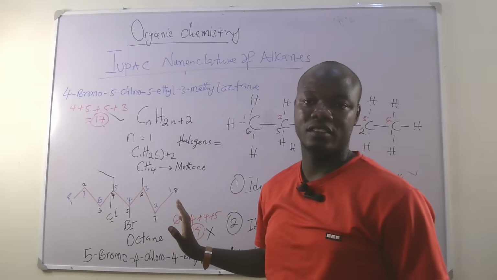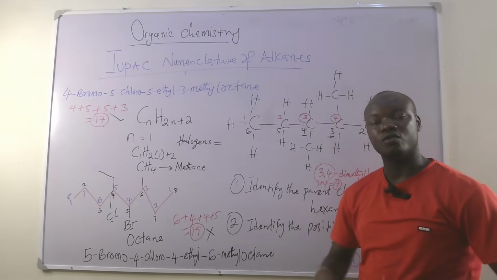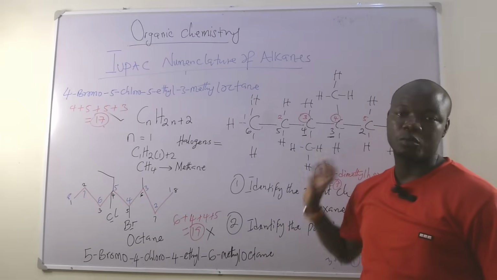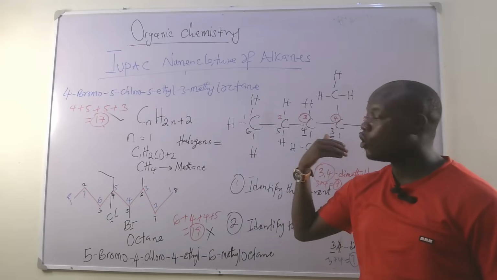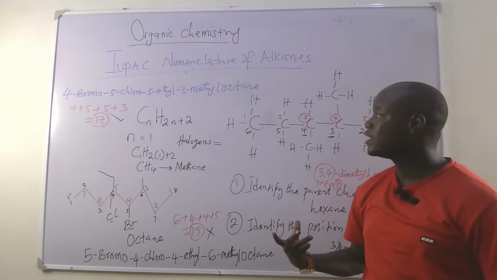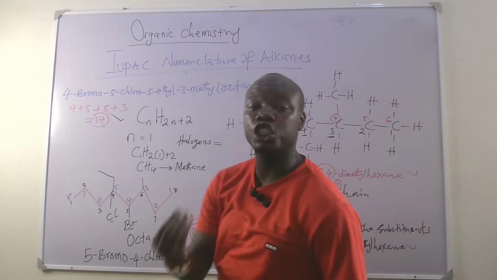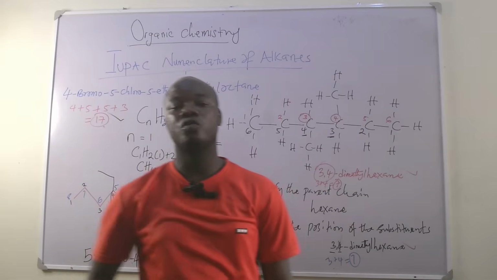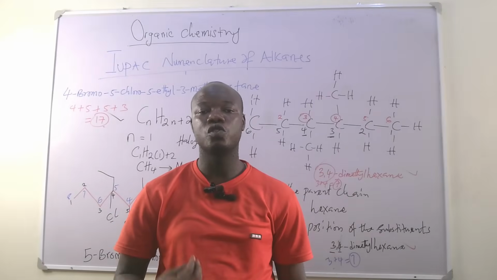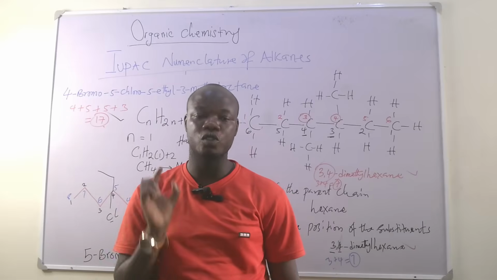So this is correct. So ladies and gentlemen, the first thing you do in organic chemistry, if you are given an organic compound, get the longest carbon chain. Then the next thing is to identify the position of the substituent, and then you number the substituent.